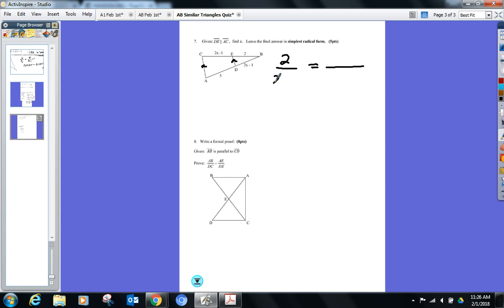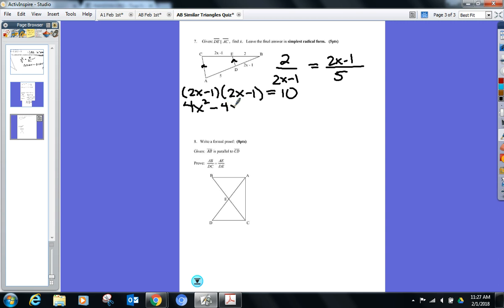2 over 2x minus 1, and then 2x minus 1 over 5. When you guys multiplied these two here, I thought I was giving you some type of calculus to do when I asked you to multiply those. 2x times 2x? 4x squared. Yeah, not 4x, everybody. 4x squared.